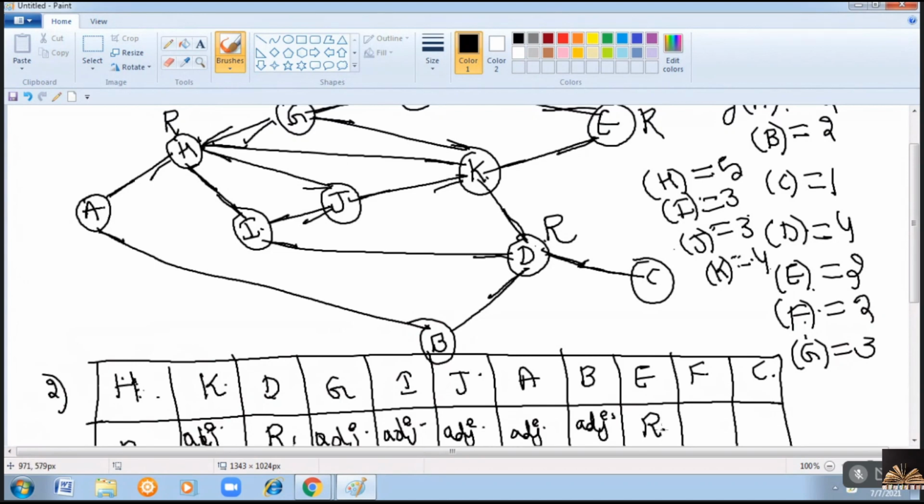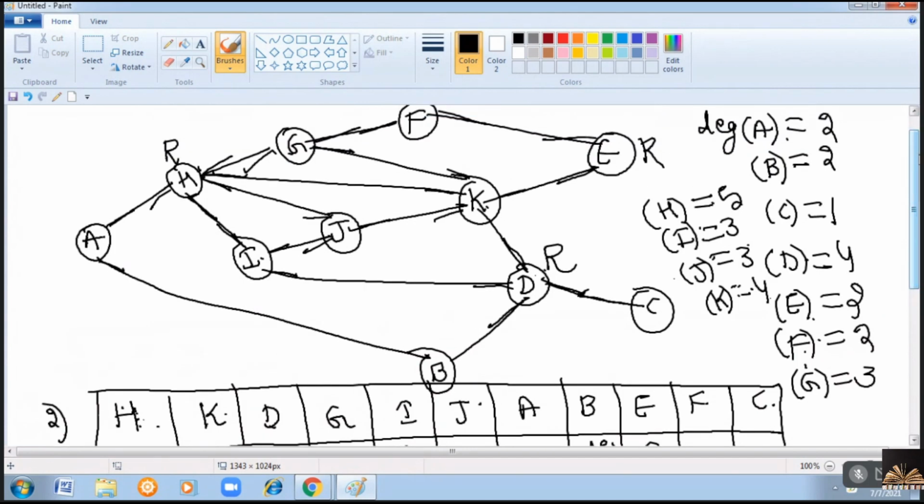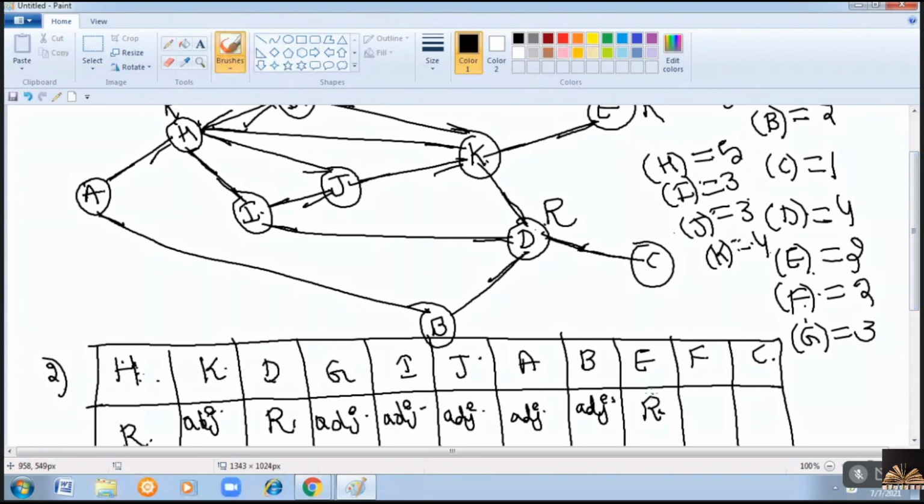Next comes F. Here F is adjacent to E, so F cannot be colored with red. Next comes C. Is C adjacent to H? No. Is it adjacent to D? Yes, it is adjacent. So it cannot be colored.